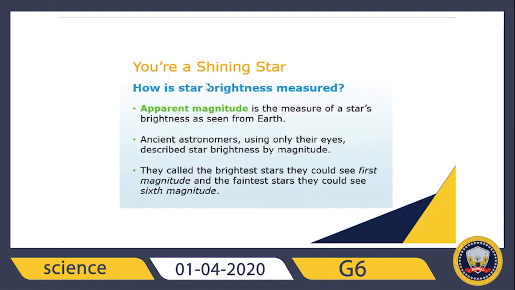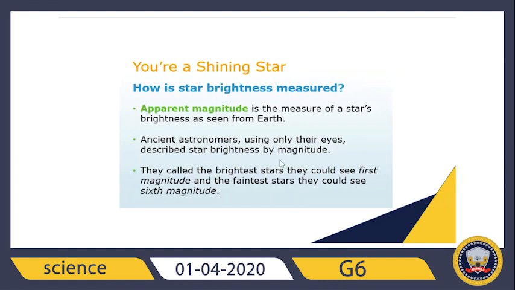So how is star brightness measured, guys? Apparent magnitude. Apparent magnitude is the measure of a star's brightness as seen from Earth. So it's the measure of a star's brightness that you see with your naked eyes. Ancient astronomers, using only their eyes, described star brightness by what?